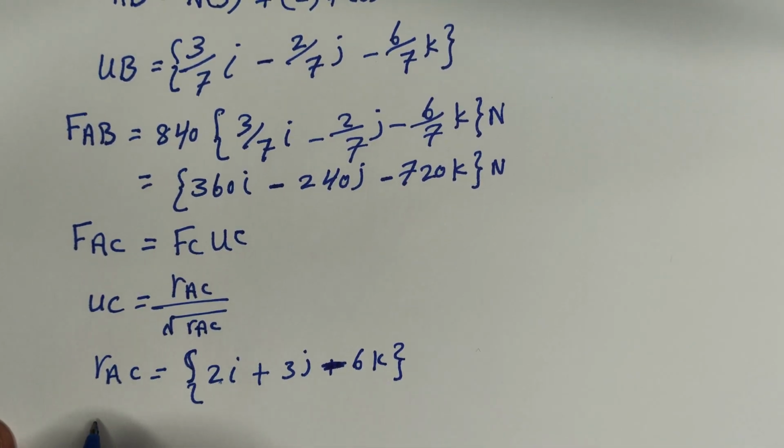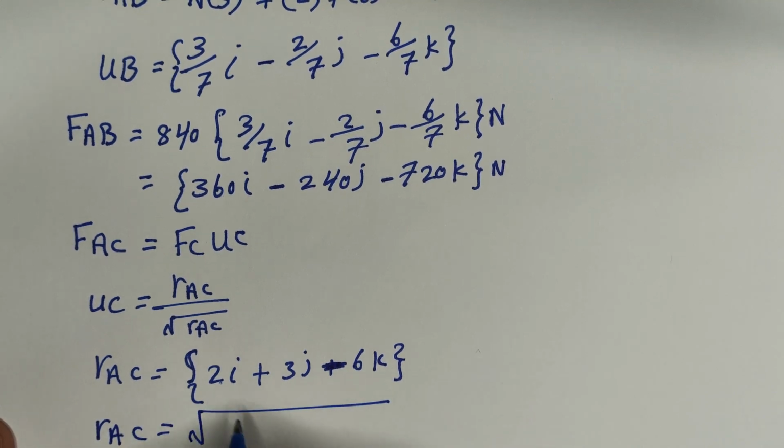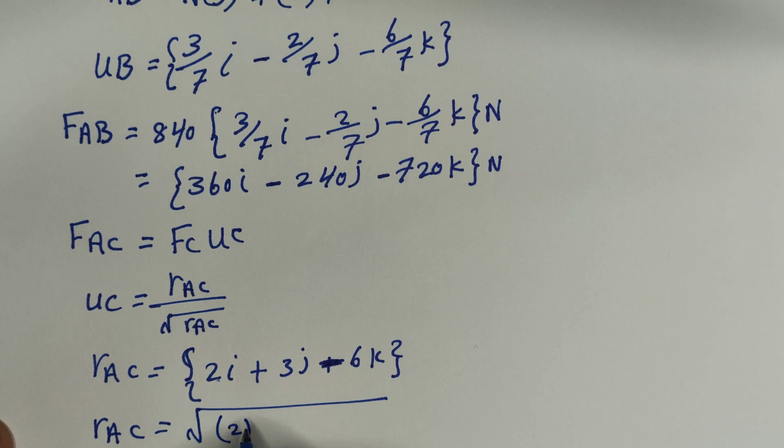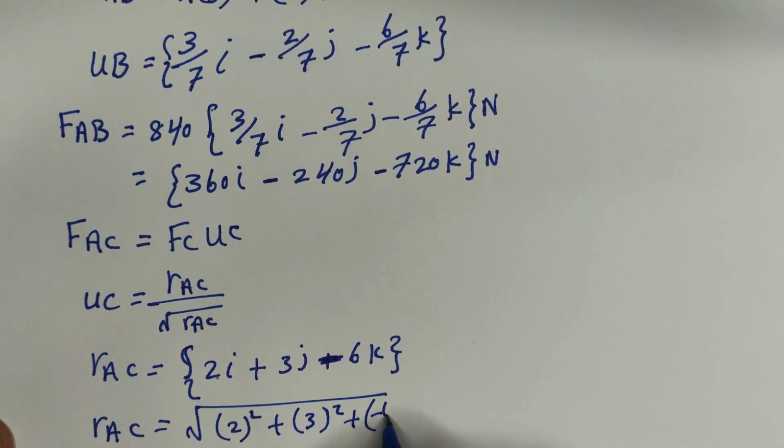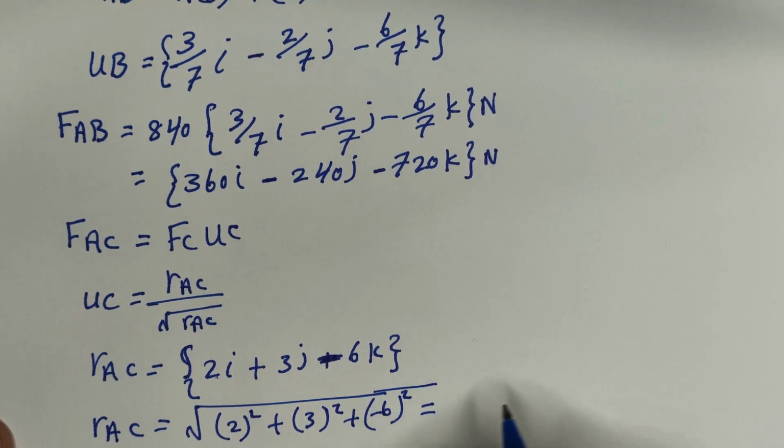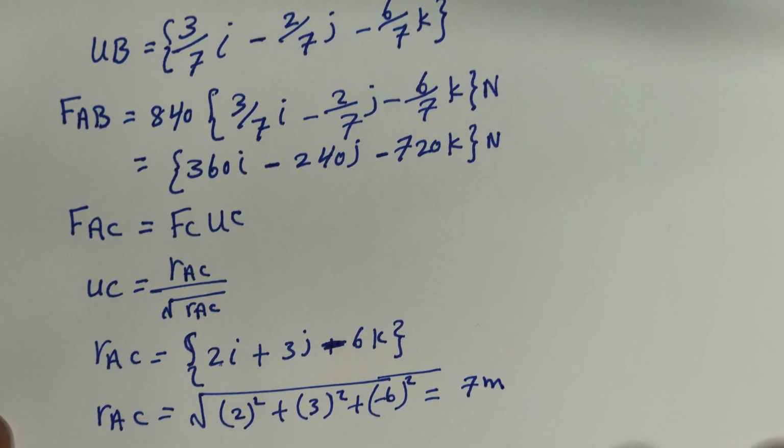So the magnitude of RAC equals the square root of the sum of these coordinates squared. Again, that should equal 7 meters.